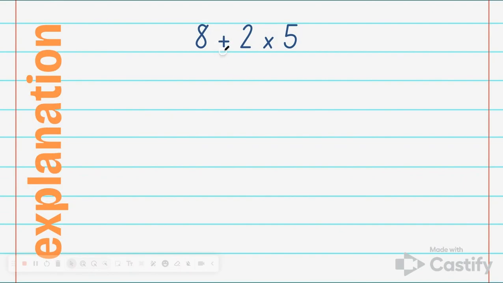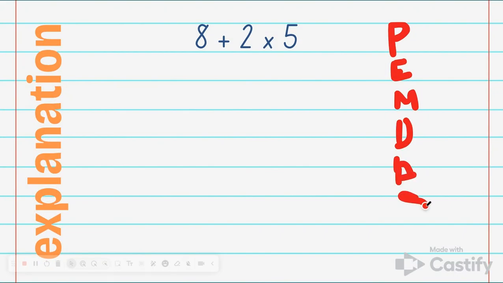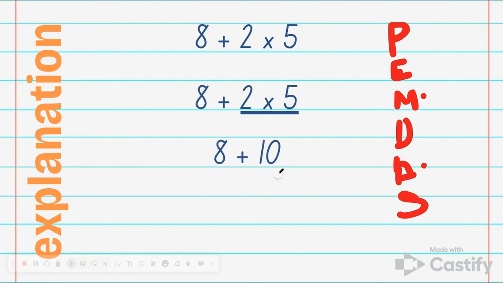Okay, remember, we see 2 different operations going on here, which means right off the bat we need to make sure that we have our PEMDAS written out next to it to make sure that we're doing exactly what we need to be doing. So we're going to start here with our multiplication, because as we see, multiplication is before addition. So we're going to start with 2 times 5, which is 10, and then we're going to move to addition. 8 plus 10, 18. Perfect.